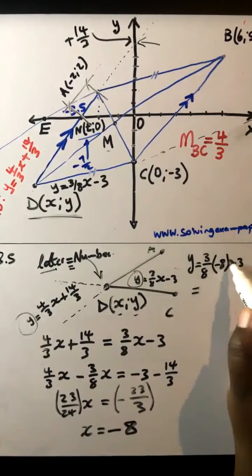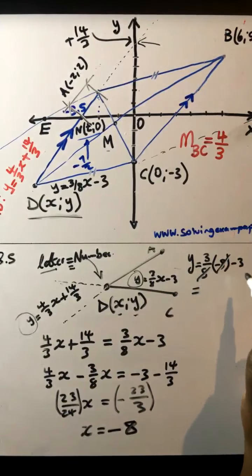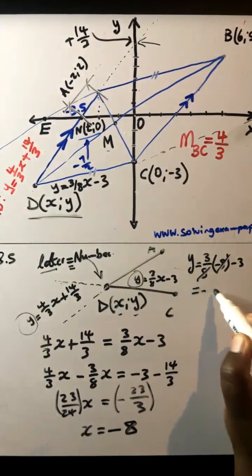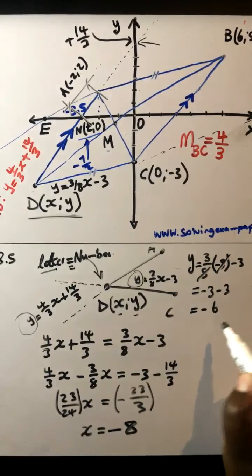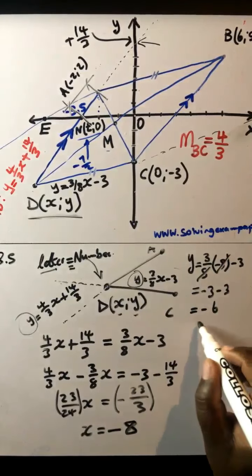The 8 is going to cancel, then you've got negative 3 minus 3, which equals negative 6.